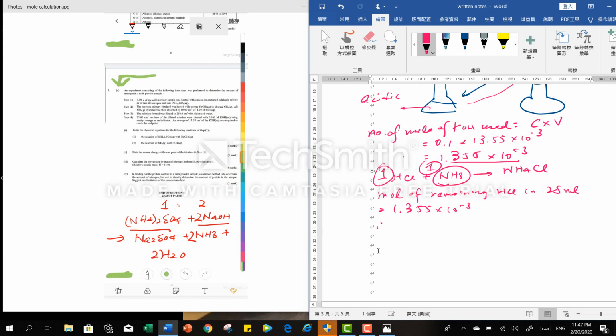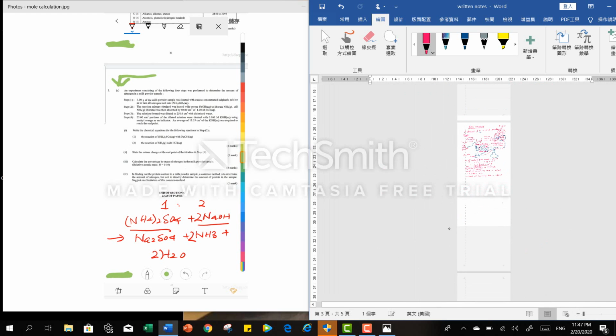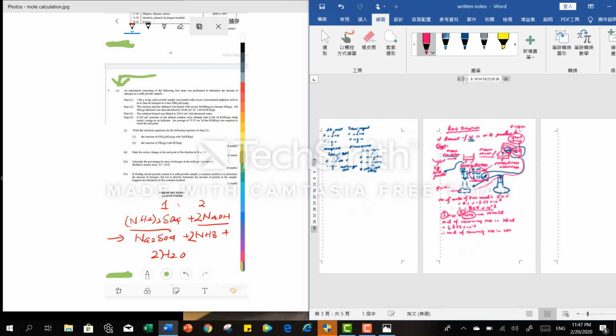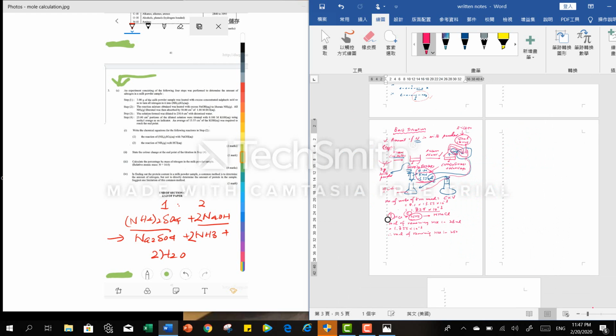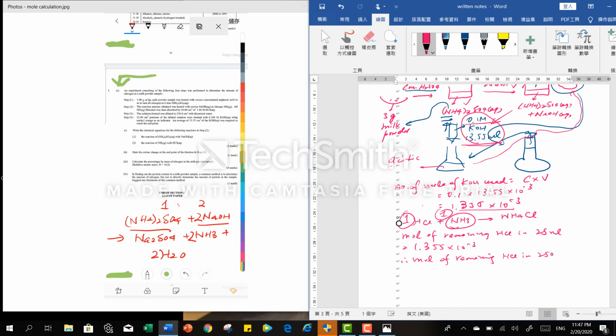Okay, so therefore the mole of remaining HCl in 250 ml is this times 10. Okay, so it will be like that.